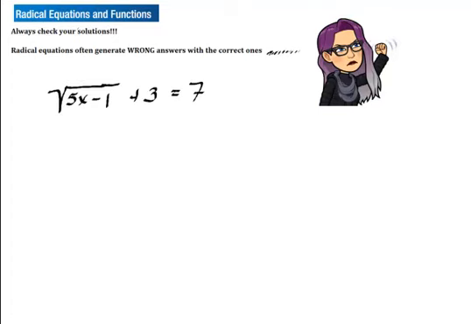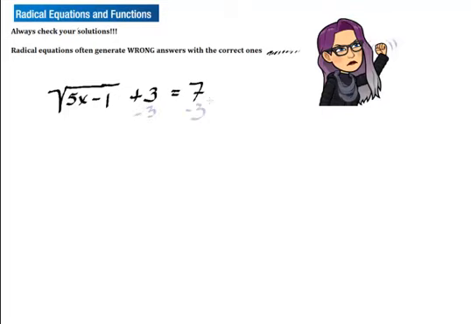And this one could be a big mess if you were to square both sides right now. So let's not do that. Let's avoid making the mess, and let's go ahead and get the square root all by himself. That way, when I square both sides, it will be nice. So I'm going to move this 3.